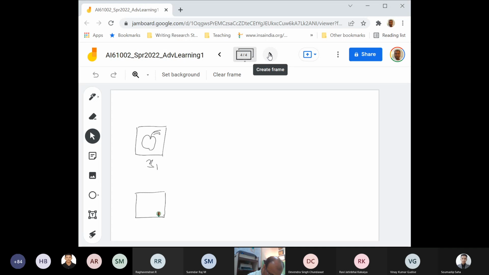I have an image of a ball, which is x2. So this is apple, this is ball. Your x3 can be C for cat as well. There is no issue.